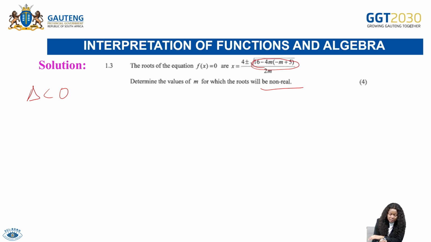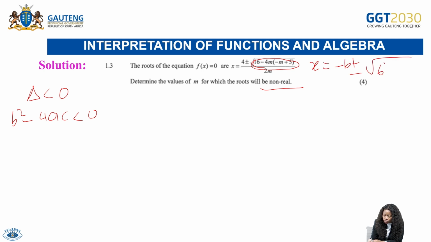Remember the discriminant is given as b squared minus 4ac, it is less than 0. But where do you obtain b squared minus 4ac? You obtain it in your quadratic formula, which is given as x equals -b plus or minus the square root of b squared minus 4ac all over 2a.